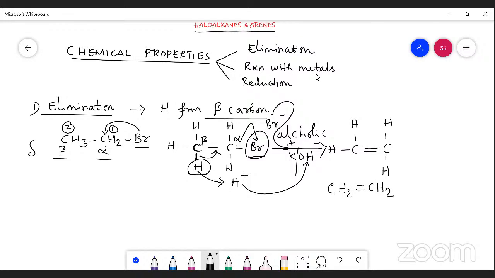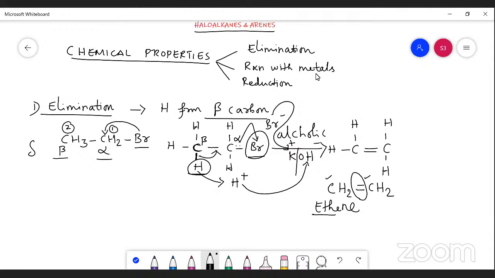So what is the name of this compound? We know already, this is an alkene system containing how many carbons? 2 carbons. 2 carbons means what is the root word? Eth. And is this compound saturated or unsaturated? This is unsaturated. What is the meaning of unsaturated? Presence of a double bond. How many double bonds are present?